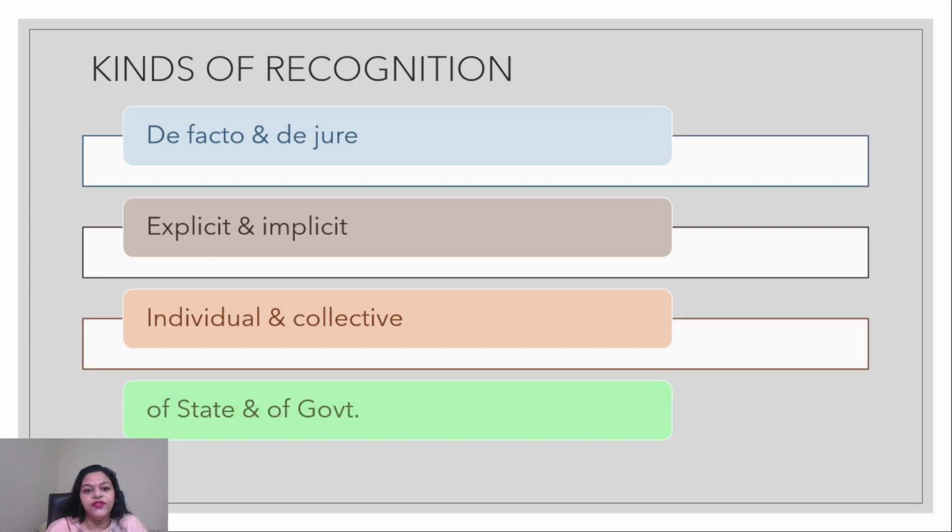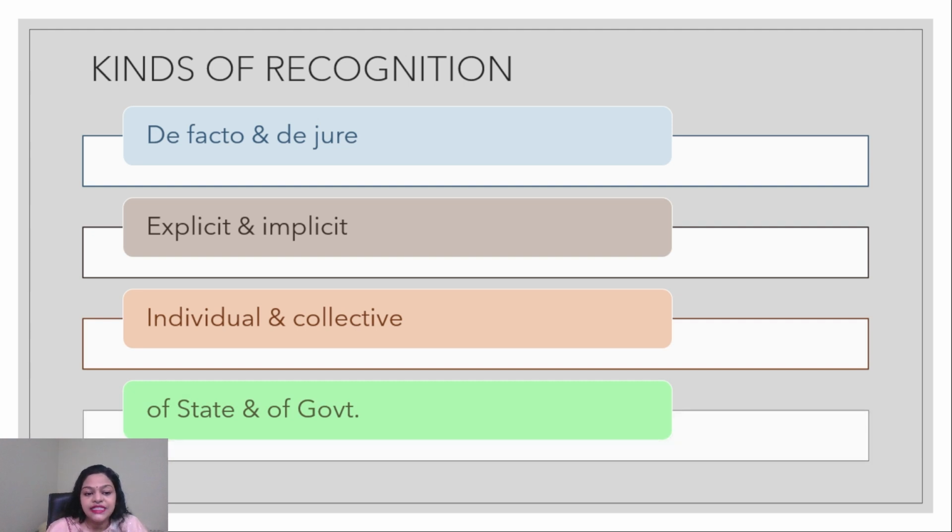Another category of recognition is of state and of government. So sometimes recognition is classified and distinguished as recognition of state or recognition of government. Recognition of state would mean that state X is recognized as a state, and whichever government comes into force, it is recognized because state embodies government.